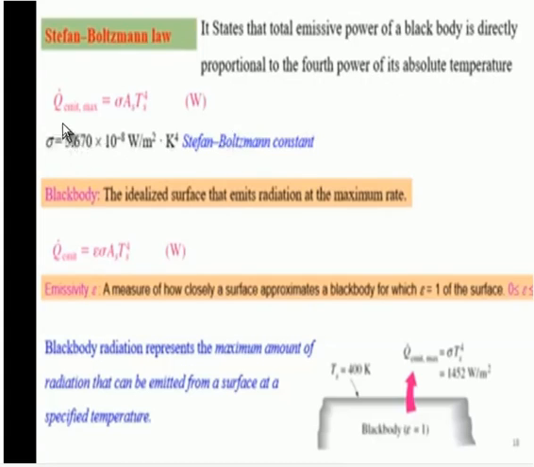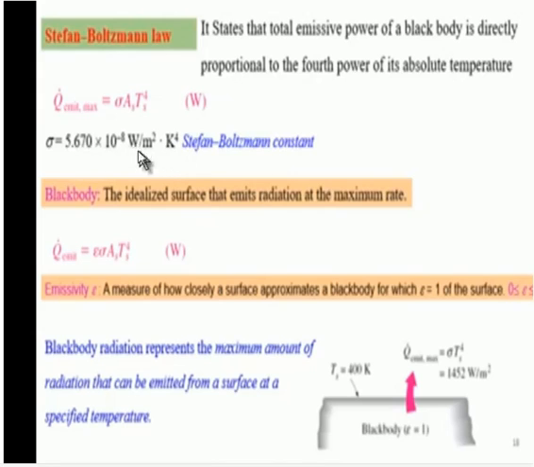That is, the total emissive power is directly proportional to T raised to 4, the fourth power of its absolute temperature. We can remove the proportionality sign: E = sigma into T^4, where sigma is equal to 5.670 into 10 raised to minus 8 watt per meter square Kelvin raised to 4.